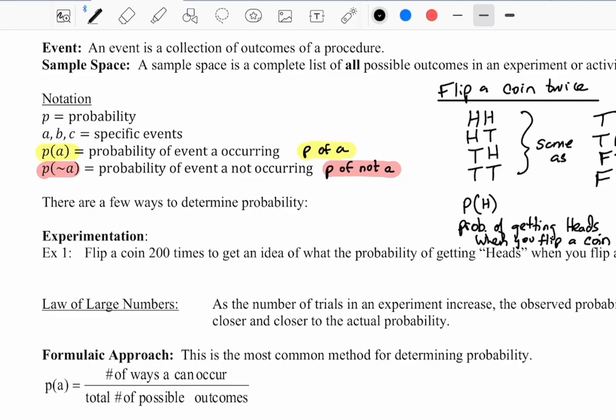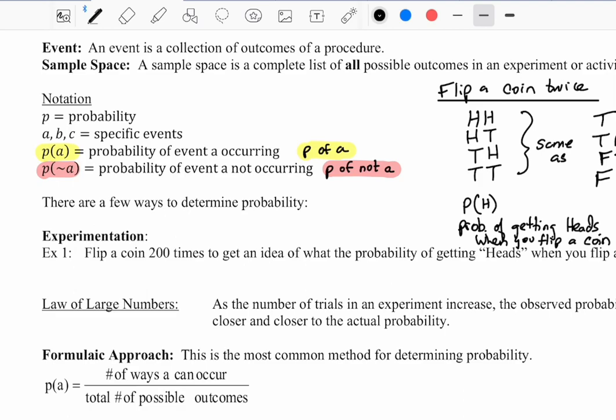Now, I'm just reading it right off the page, but it is true. There are a few different ways that you could determine probabilities. One way is experimentation. And when you see the example that I gave, you might think, okay, well, he's basically telling us not to use that because that's ridiculous.